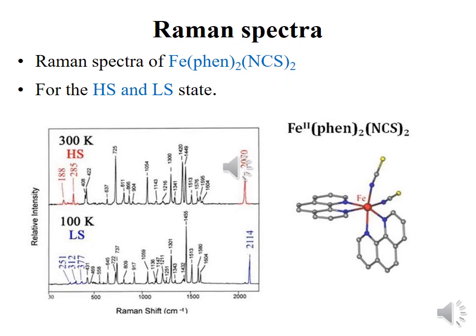This slide shows the image of the Raman spectra for iron complexes in low spin state and high spin state.